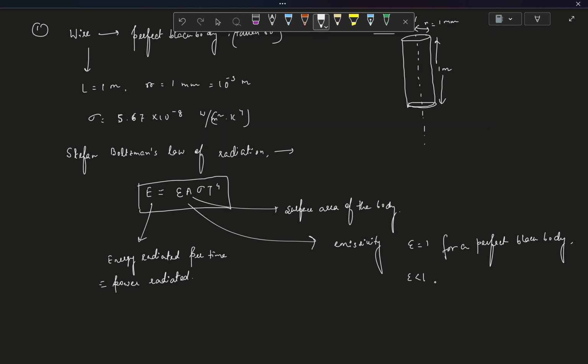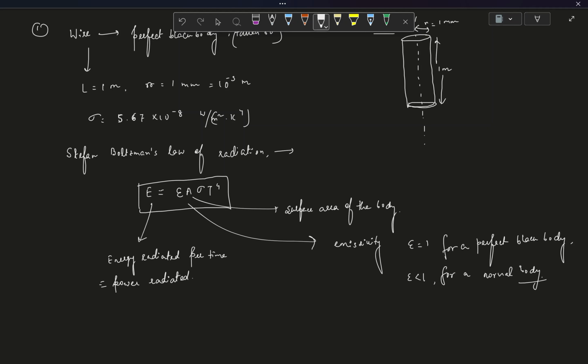but it is less than 1 for a normal body that is emitting power or energy, because a normal body does not have the maximum emissivity, since it will always emit only some part of the power absorbed by it or incident on it.